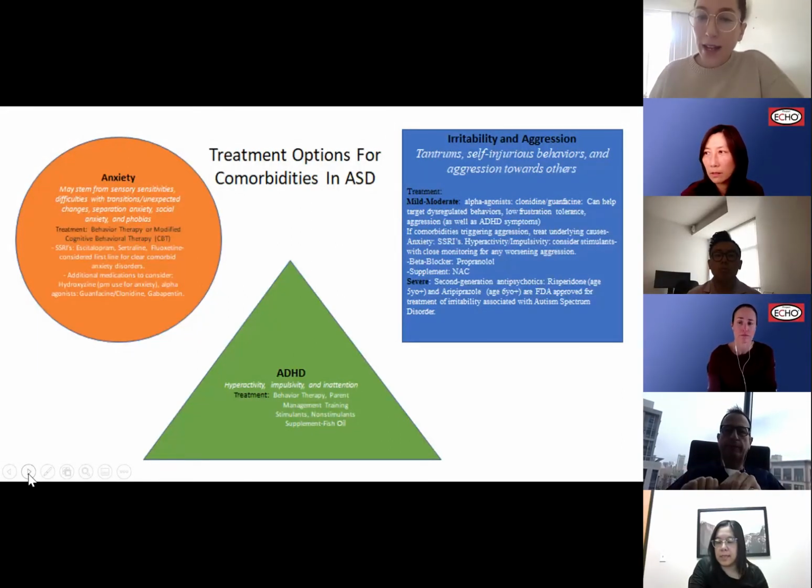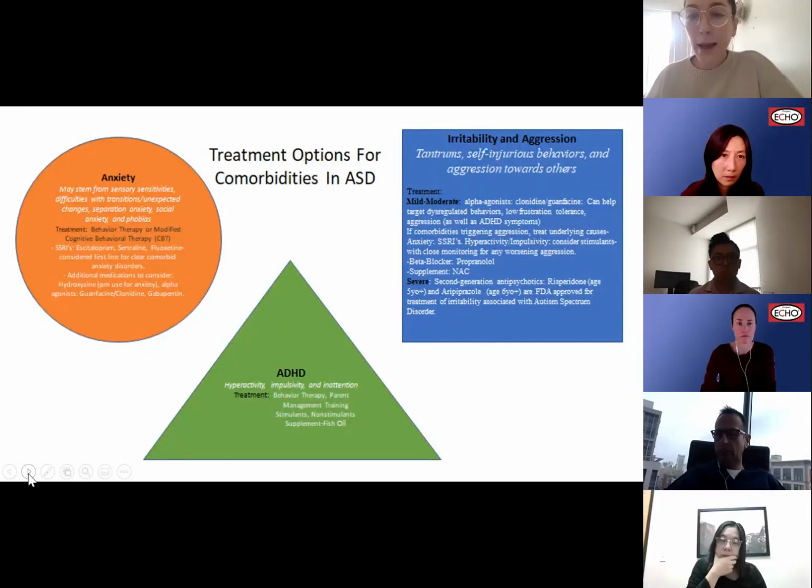With mild to moderate, we want to again rule out, is there any anxiety or ADHD that's the main underlying comorbidity that then is leading to aggression, and then treating those appropriately with either the SSRI or the stimulant, non-stimulant. And then some other evidence that we have for treating aggression is with the use of propranolol, and then the supplement NAC has shown some evidence for some self-injurious behaviors.